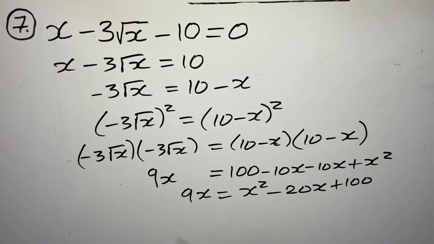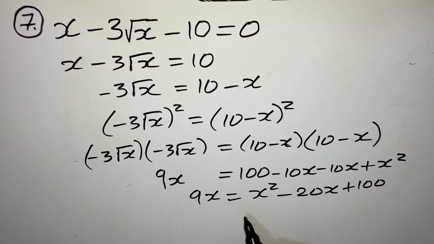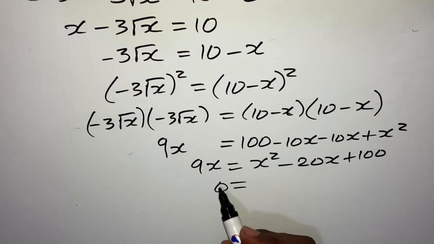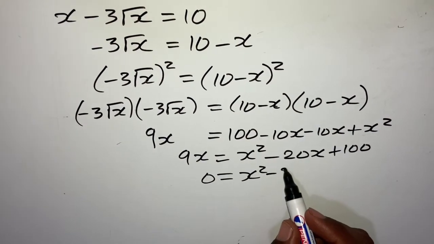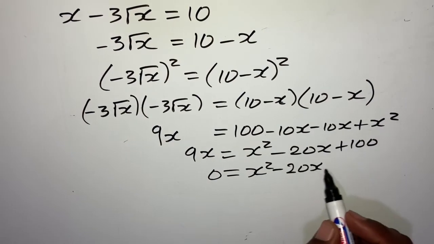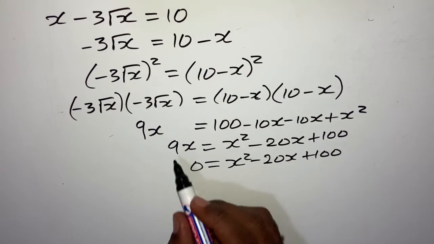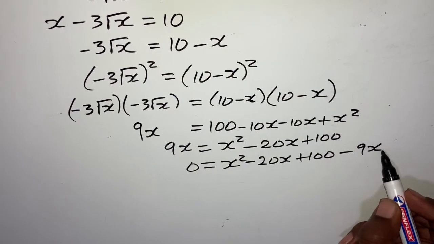Then this side, I have this 9x. From here, I have to take the 9x to the right and the sign will change. When I take my 9x to the right, what remains this side is a 0. So I'll have x squared minus 20x plus 100. Take the 9x to the other side, it changes the sign, negative 9x.